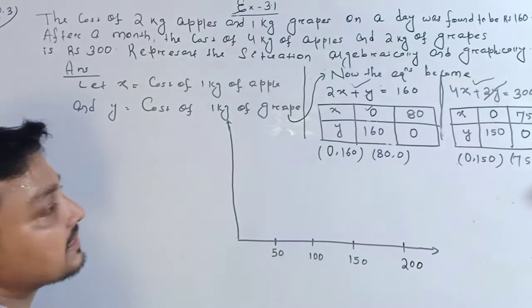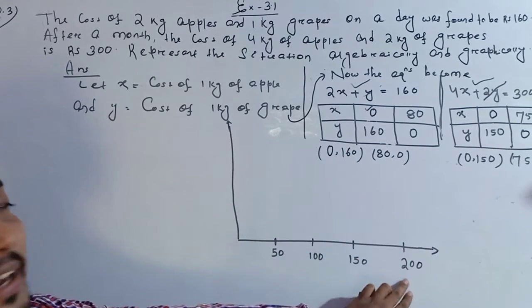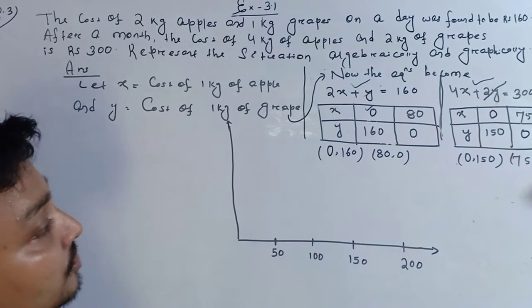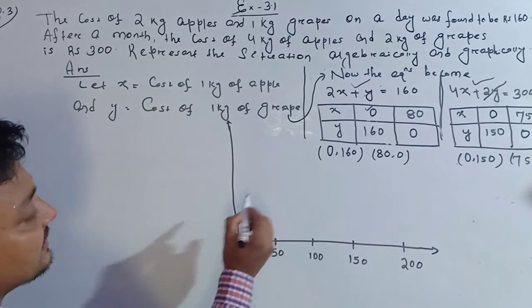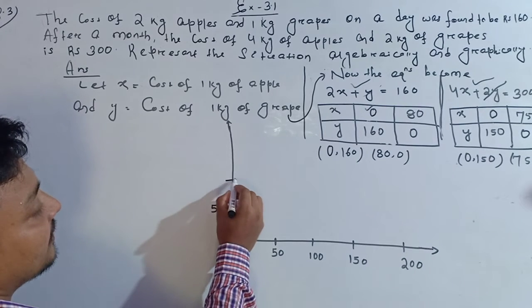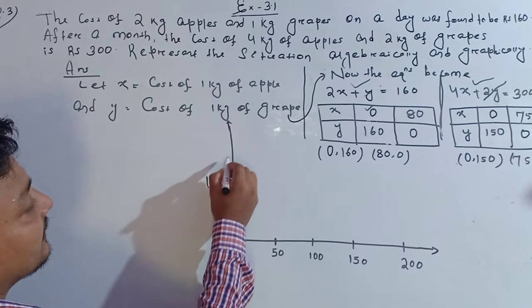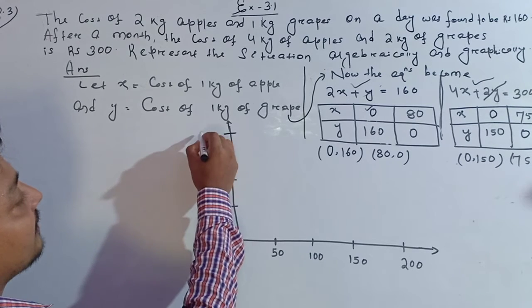Because on the x-axis the highest value is 160, I am writing up to 200. Oh sorry, on the x-axis the highest point is 80. And on the y-axis, I am also taking 50, then 100, then 150, then 200.